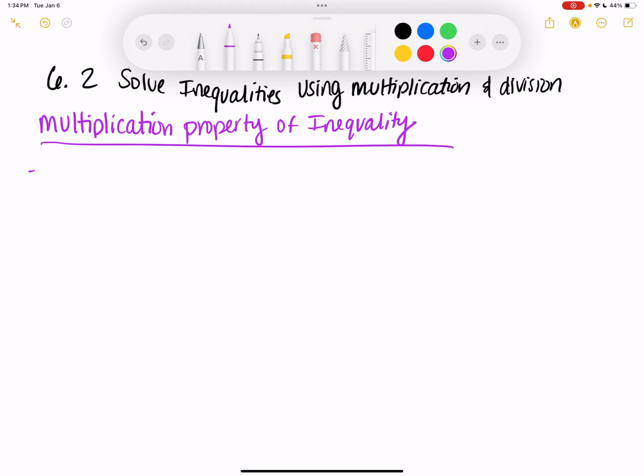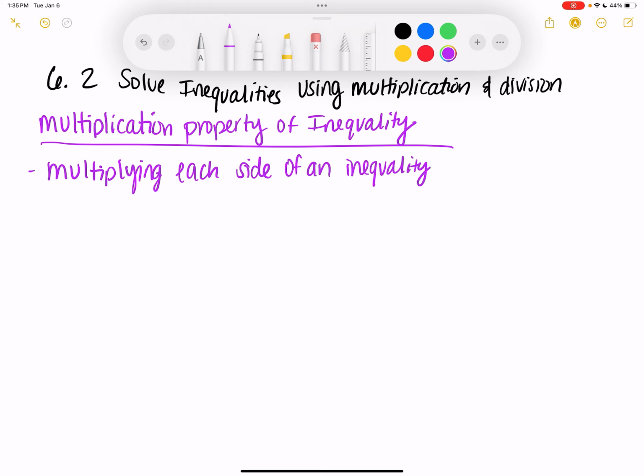Multiplying each side of an inequality by a positive number produces an equivalent inequality.